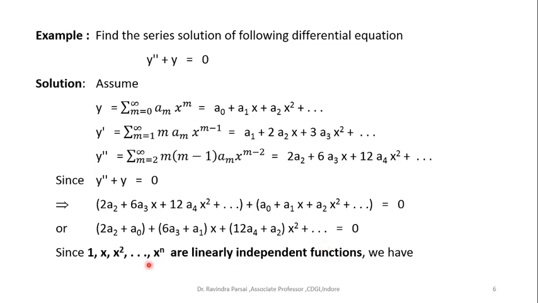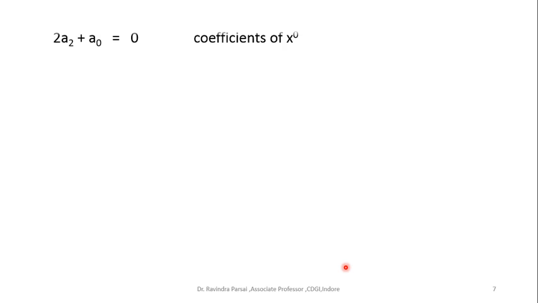So now since 1, x, x square and x to the power n are linearly independent functions, their coefficients are to be vanished. So first equating the constant term coefficient, that is the coefficient of x to the power 0, this gives twice a2 plus a0 equal to 0. Then you equate the coefficient of x to the power 1, you will get this.